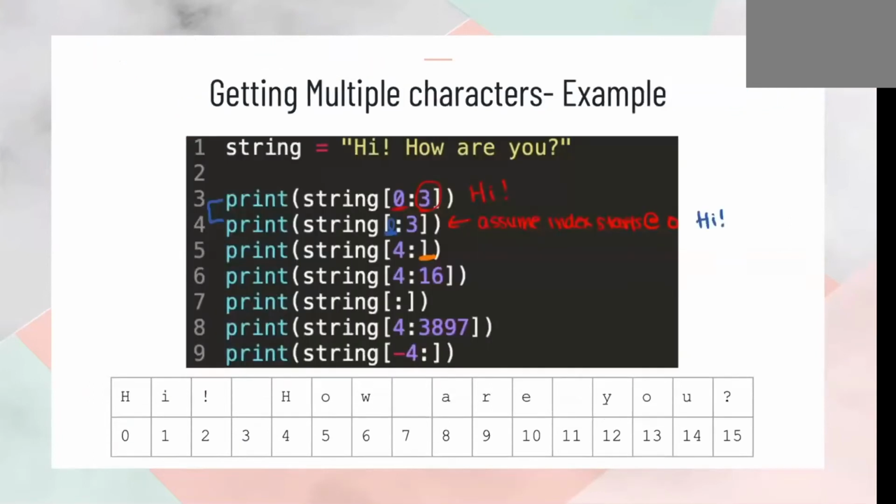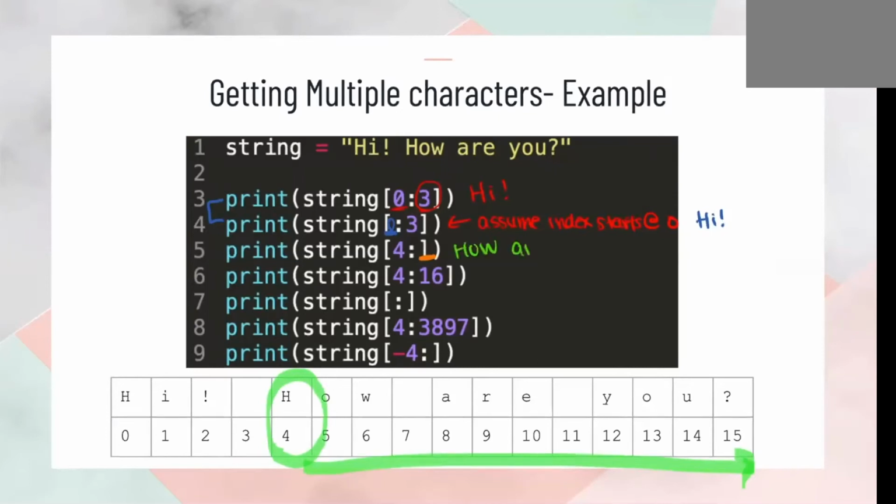That being said, if I do 4 colon and then that's it, what is going to print? Yes, how are you is going to print. So we start from index number 4 and we go all the way to the very end. Therefore, we just have how are you?